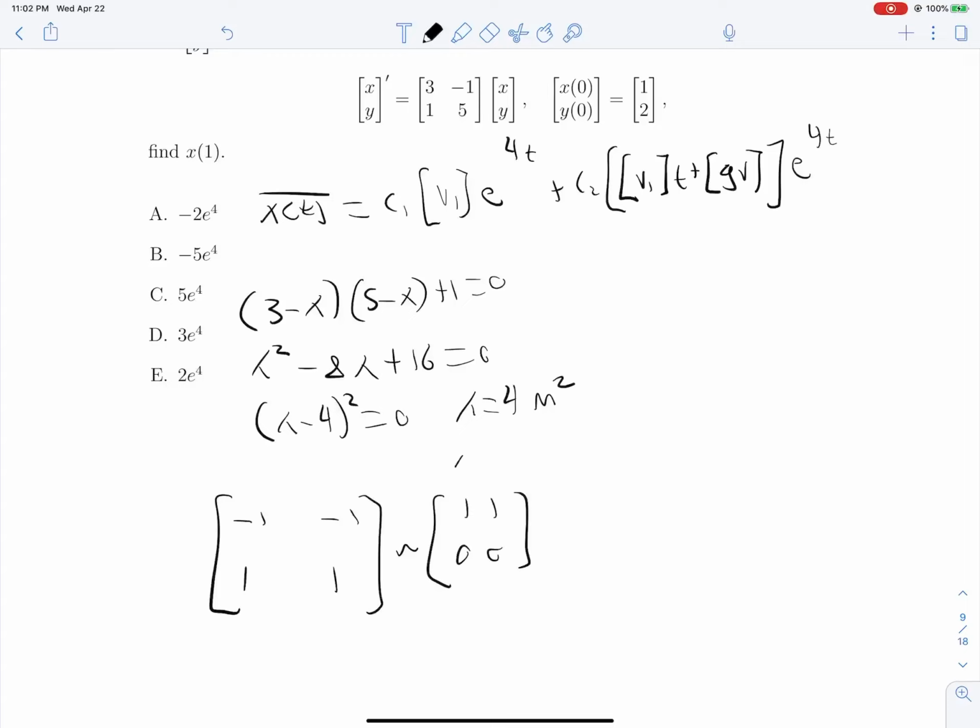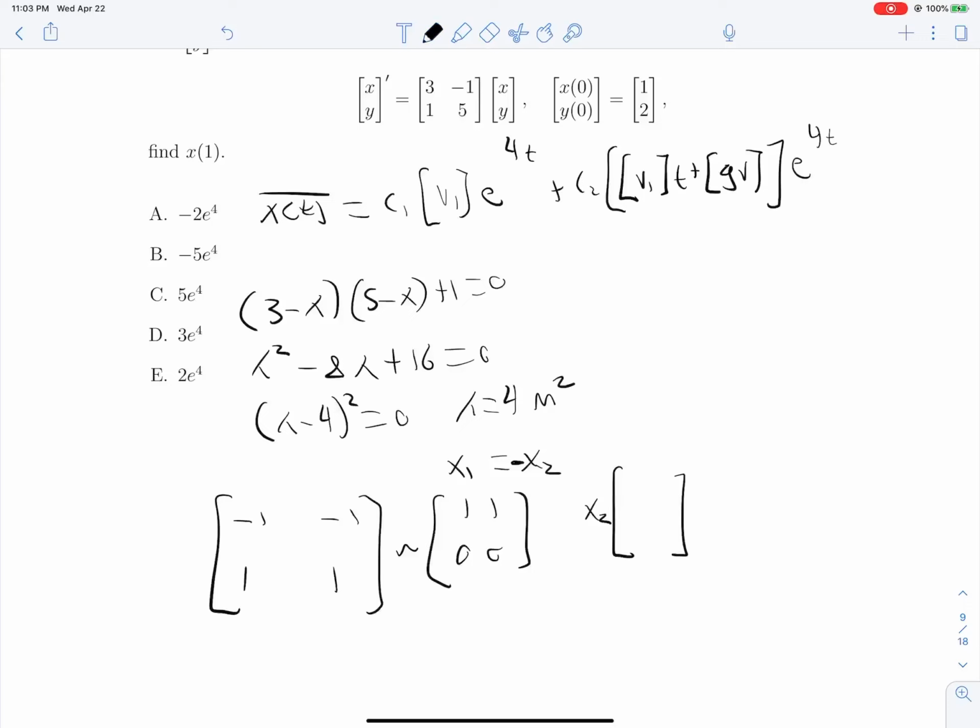We can simplify this down to 1, 1, 0, 0. And since this is saying that x1 is equal to negative x2, if we move this over to the other side, x2 is our free variable.